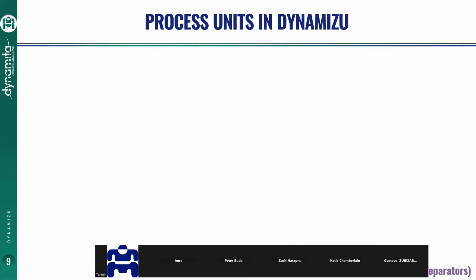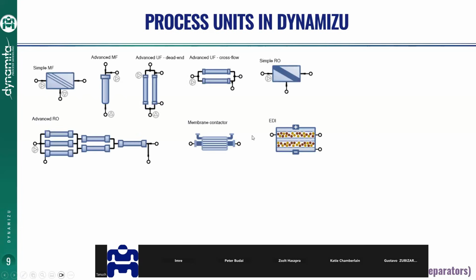So let's look at some of the process units which we have in DYNAMIZU. In DYNAMIZU, we have focused on membrane-based water treatment. So we have microfilters, ultrafilters, distinguishing between dead end and cross flow.